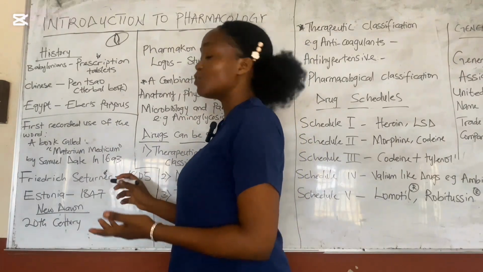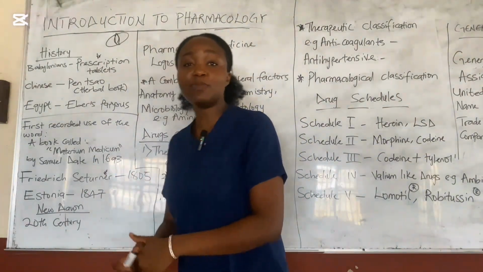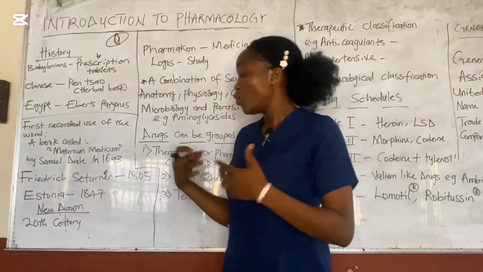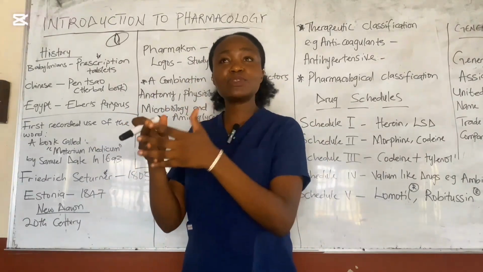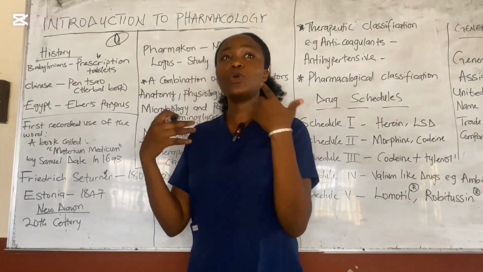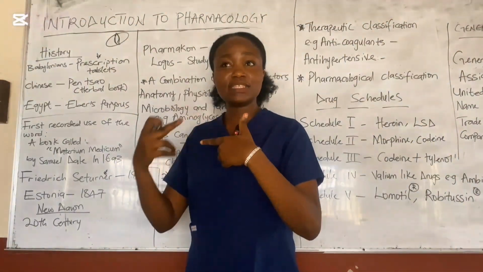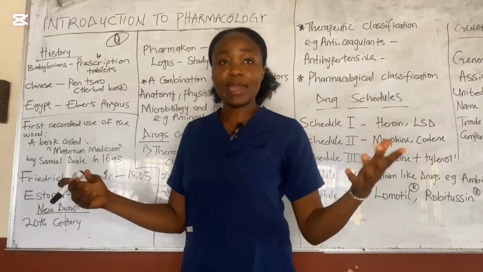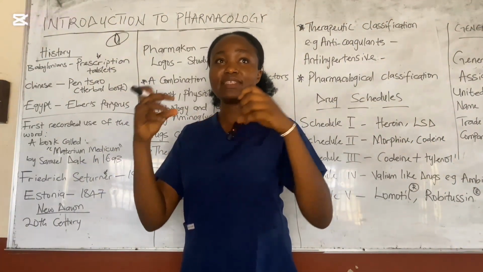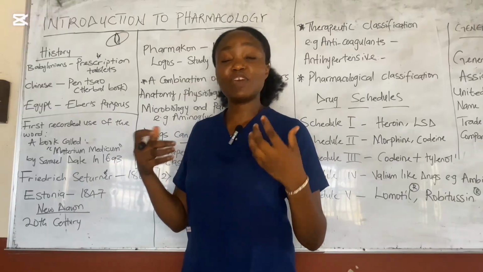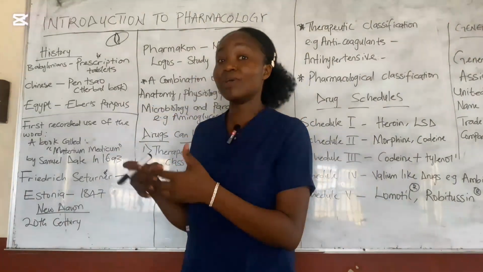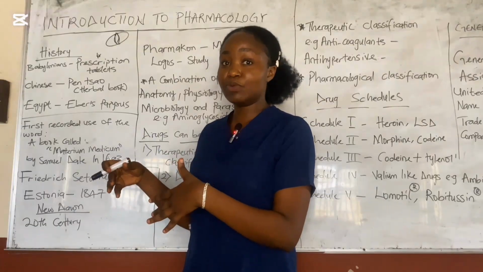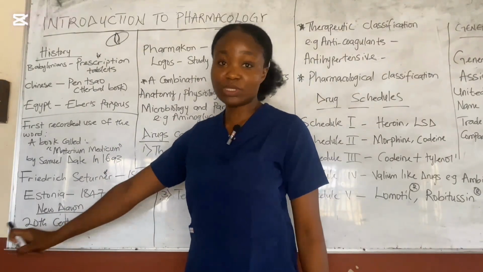A new dawn, as I like to refer to it, happened from the 20th century when people began to synthesize these drugs. They came together and found out that we cannot continue to produce these things from plant remedies, because plant remedies are scarce. Chemists found out that we can produce some drug compounds synthetically in the laboratory, and that started from the 20th century.